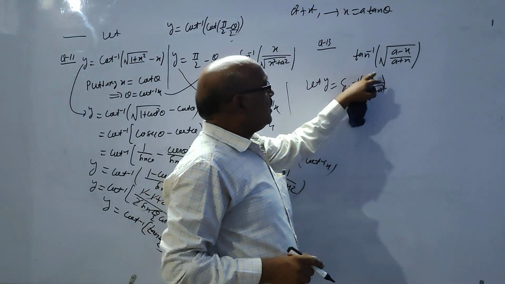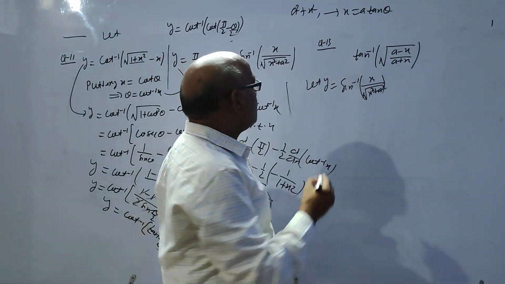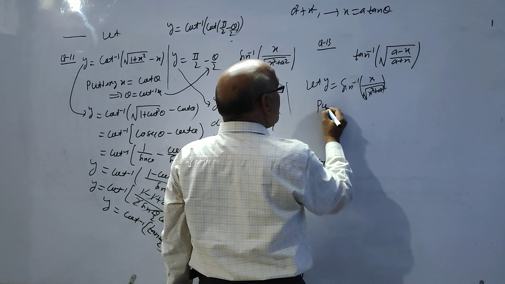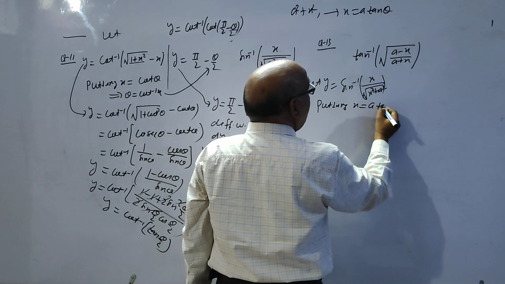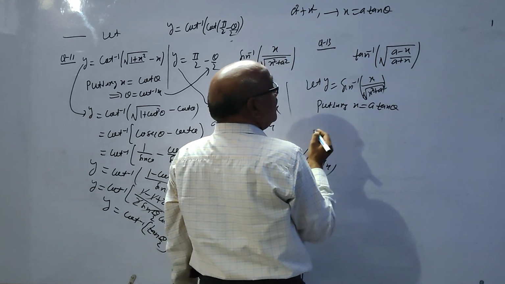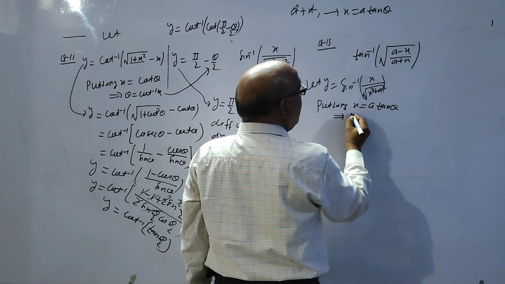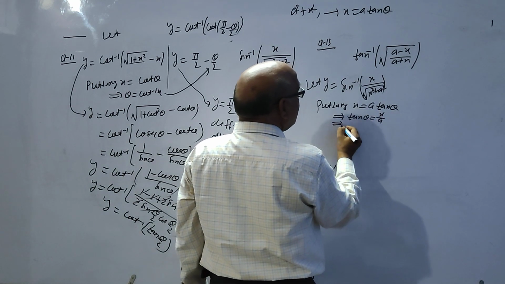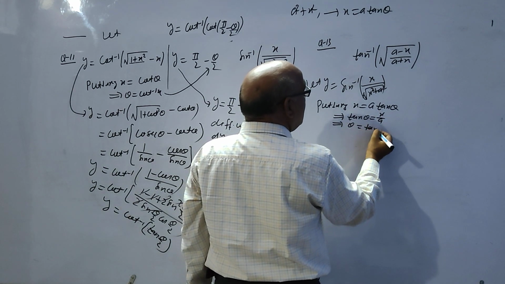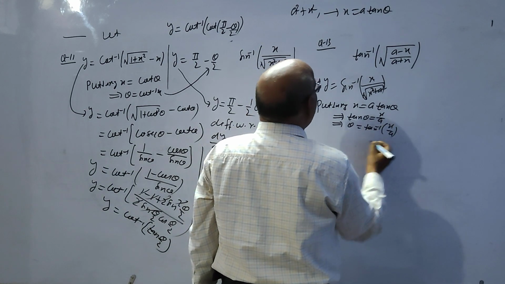Now this is sin inverse x upon under root x square plus a square. So putting here x is equal to a times of tan theta, and this implies that tan theta is equal to x upon a, and this implies theta is equal to tan inverse x upon a.